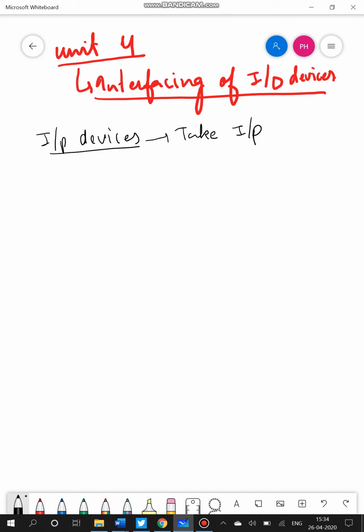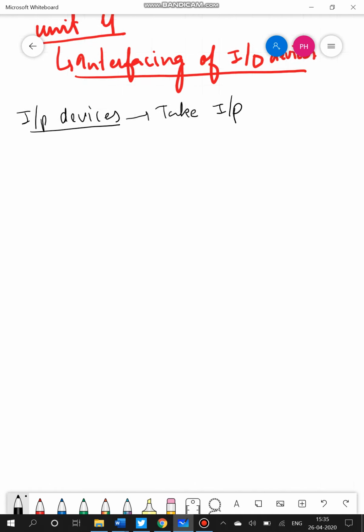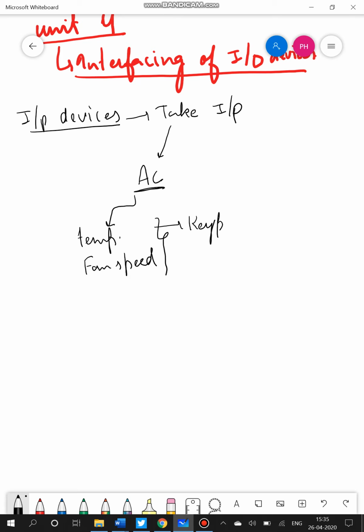For example, in a typical embedded system like an AC, this input can be either something entered by the user, like temperature he needs or fan speed he needs, and these inputs are entered using a keyboard or a keypad.